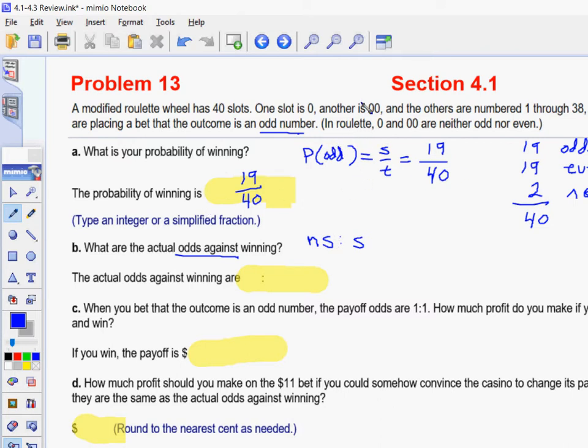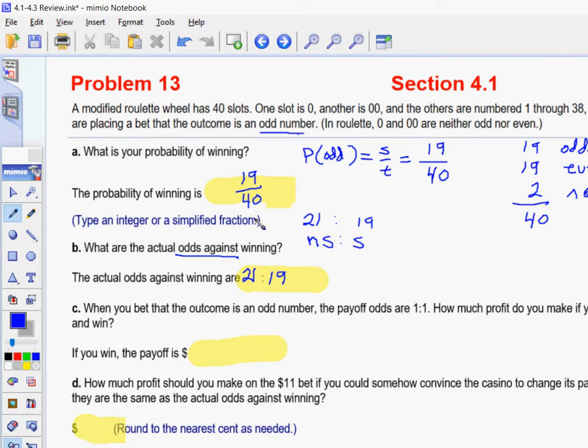Well, imagine you got these 40 slots in your hat, right? If you take out the 19 successes, what are you left with? You're left with the 21 not successes in your hat. The 19 evens and the 2 neithers, those are your not successes. So we'd have 21 to 19 odds against. So remember, odds in favor would be just reversed.